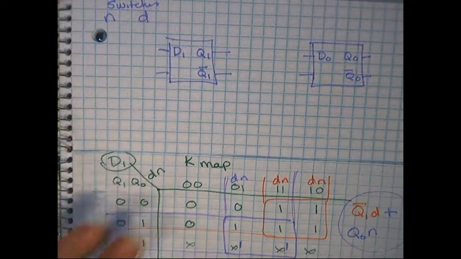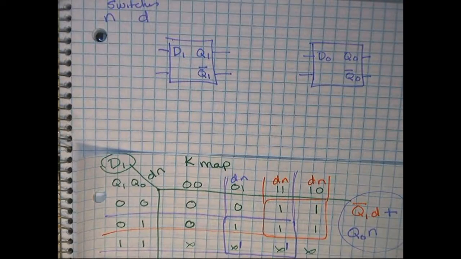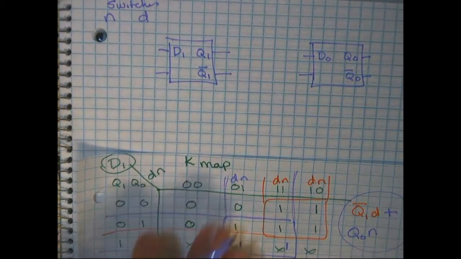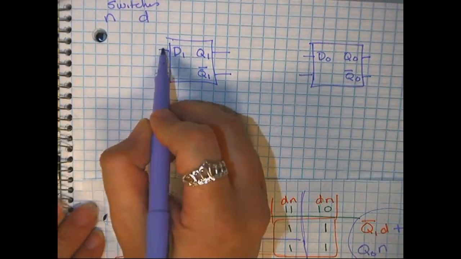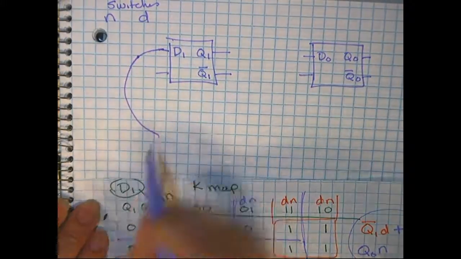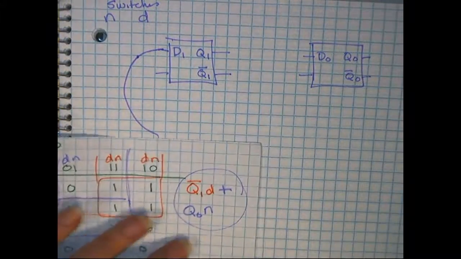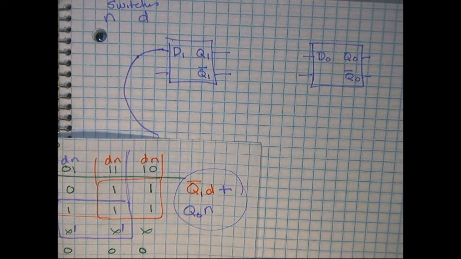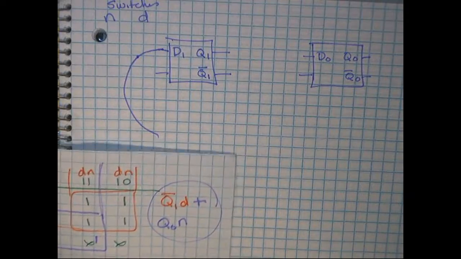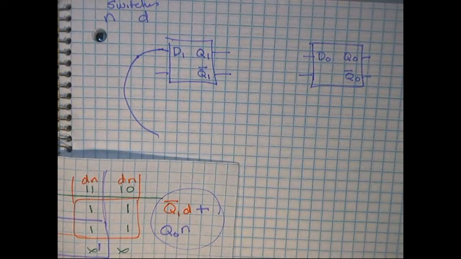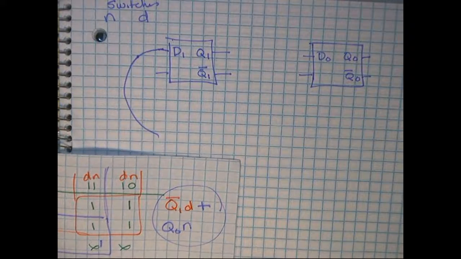And this is going to look really messy when we're doing this by hand. But to come out of D1, we just wrote this out. What do we need here? To get to D1, what do I need here?